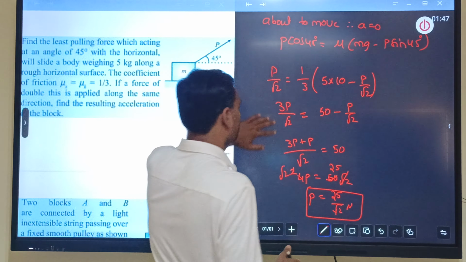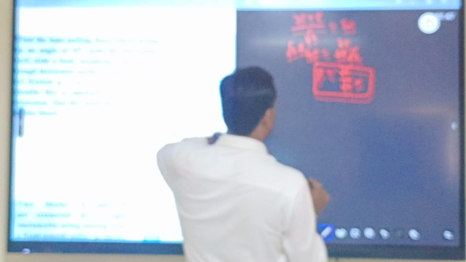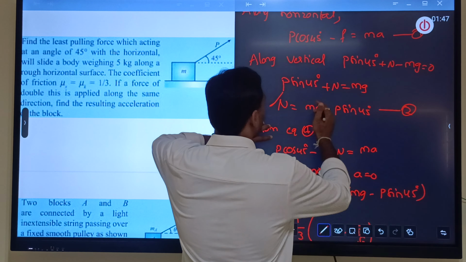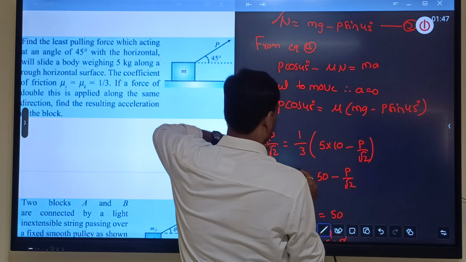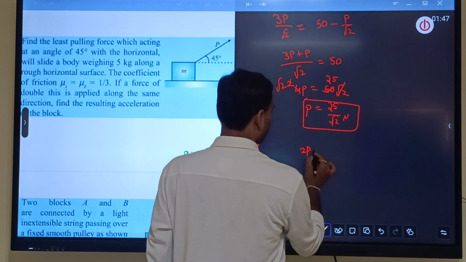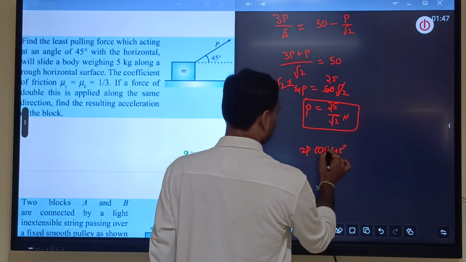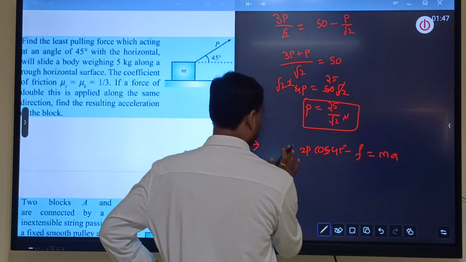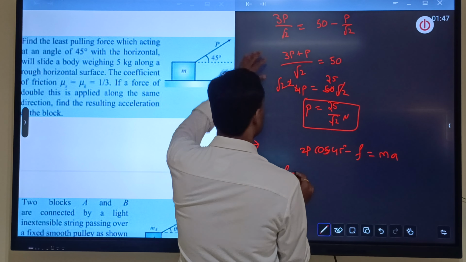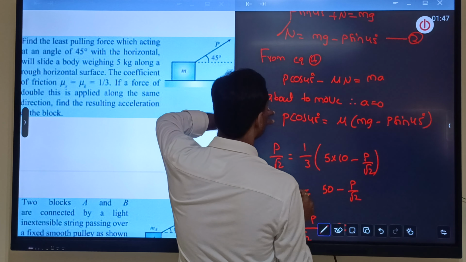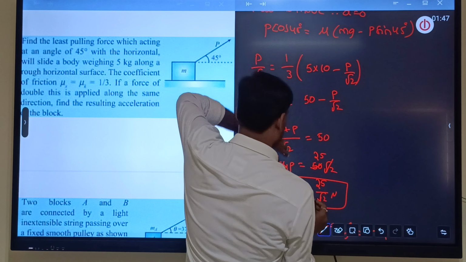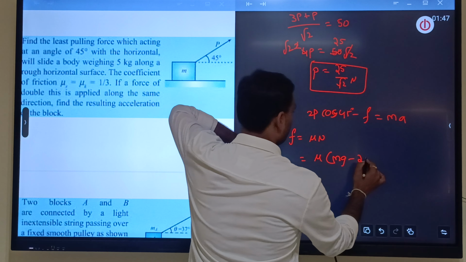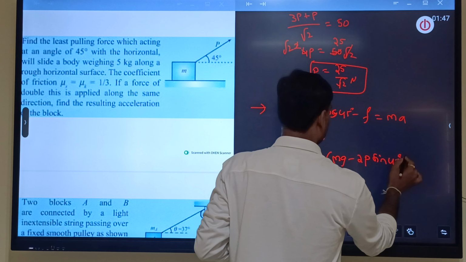In such a case, from equation number 1, 2p cos 45 minus f is equal to ma, and f is equal to mu N, that is mu times mg minus 2p sin 45.